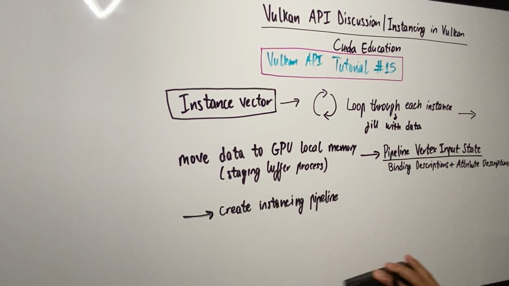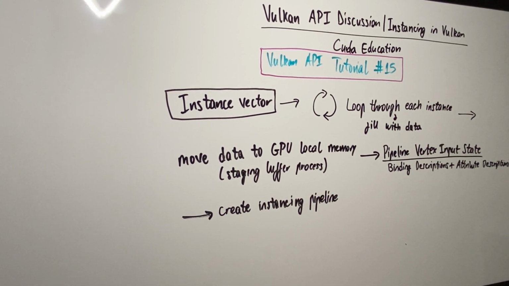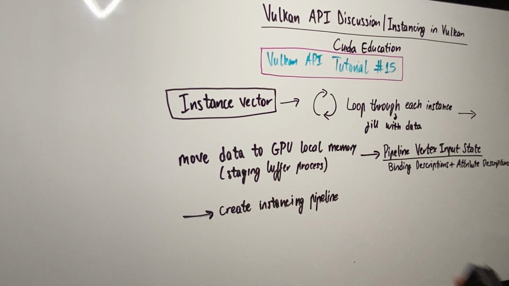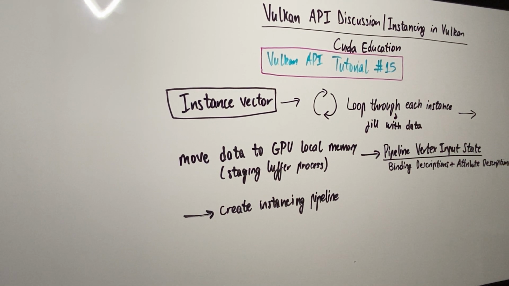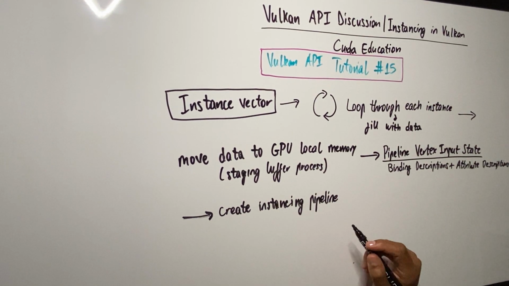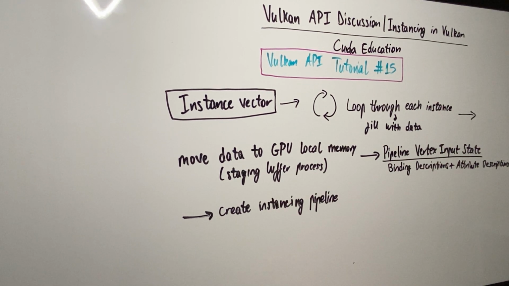So you're creating 3 different pipelines because you have 3 different things that you're trying to generate in a scene. That's why the instancing pipeline is its own pipeline, and of course, it's called the instancing pipeline because you're dealing with instancing data.